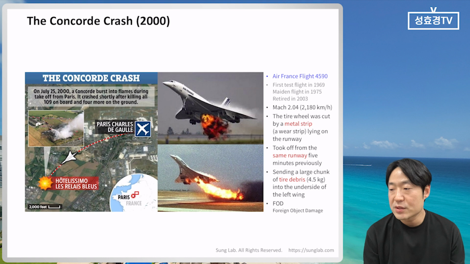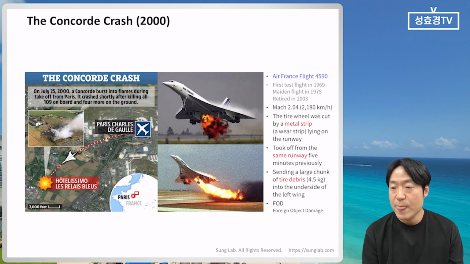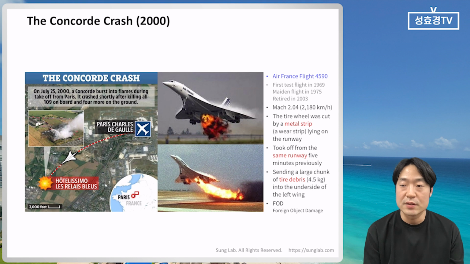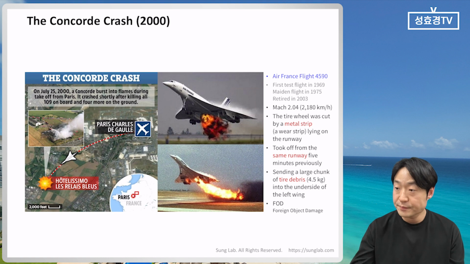The tire debris was about 4.5 kilograms. As you can see in the photo, the inside of the engine was burned out. It was really a huge problem, a really horrible accident. After that, unfortunately, the Concorde was retired.